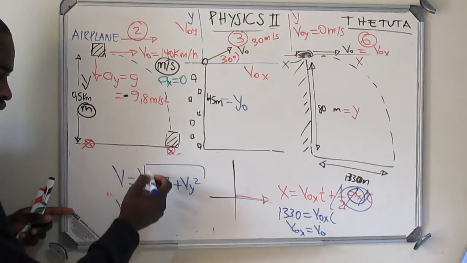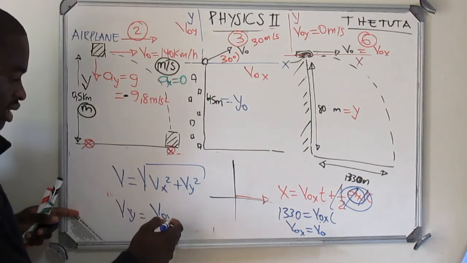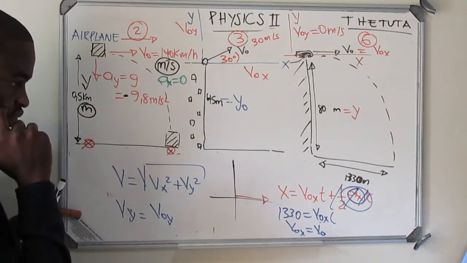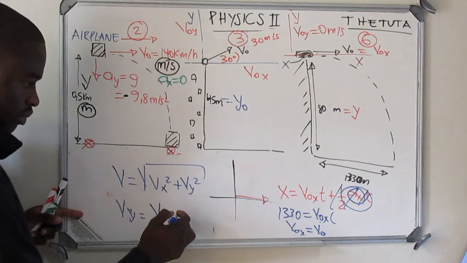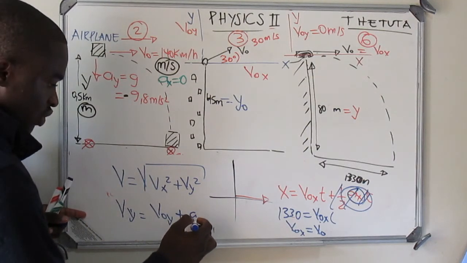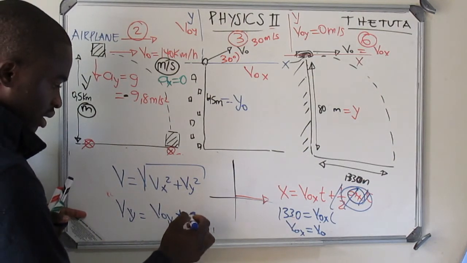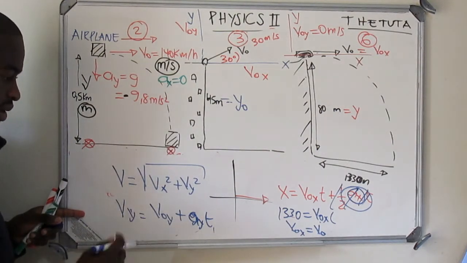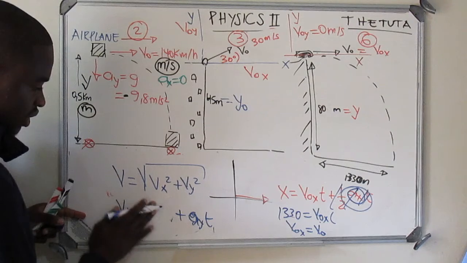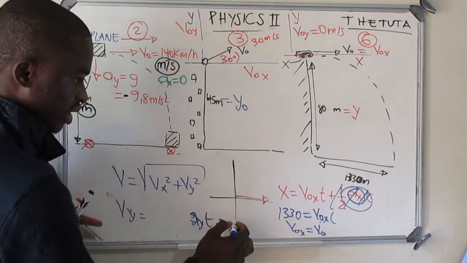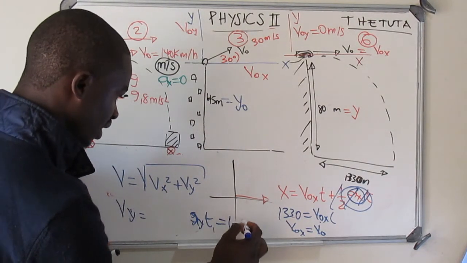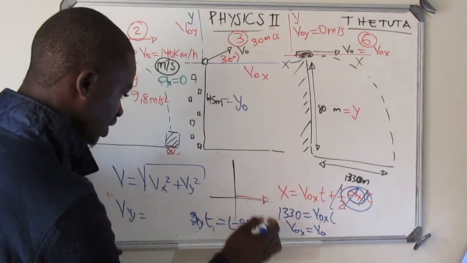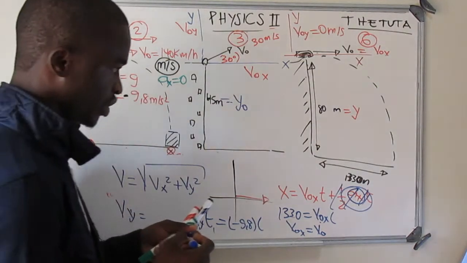So the final velocity in y is going to be the initial velocity, which we said is 0, plus the acceleration in y times the time. Therefore this first term is 0. Then we're going to have minus 9.8 times the time that we got, and then we're going to get our answer.